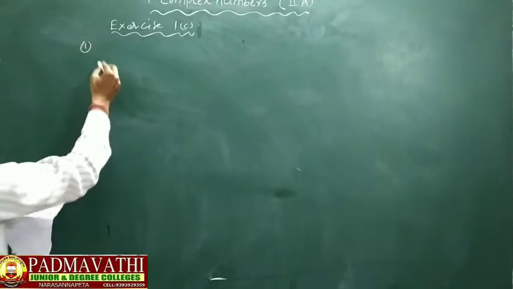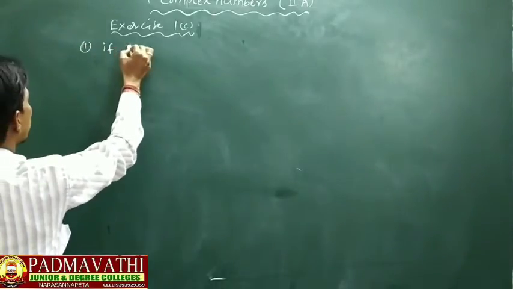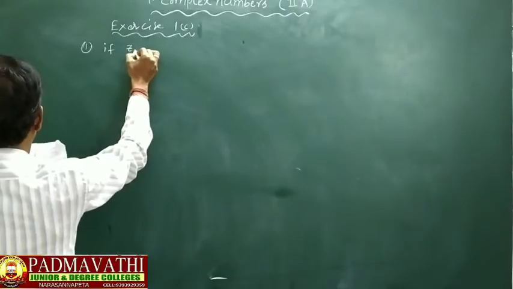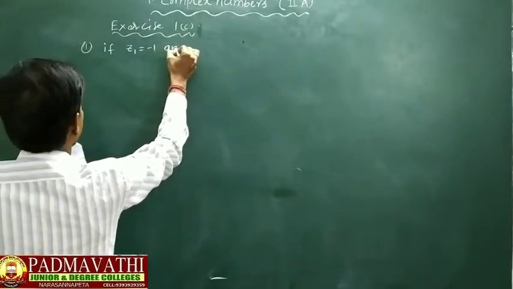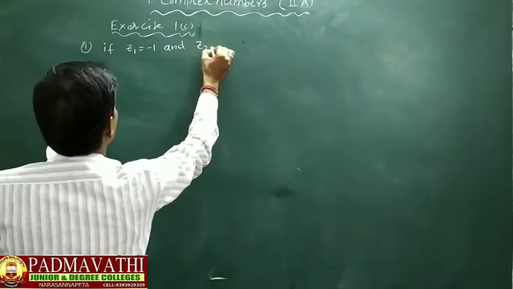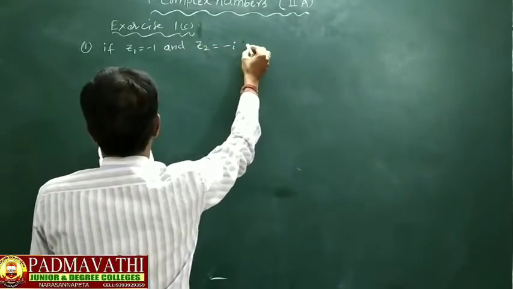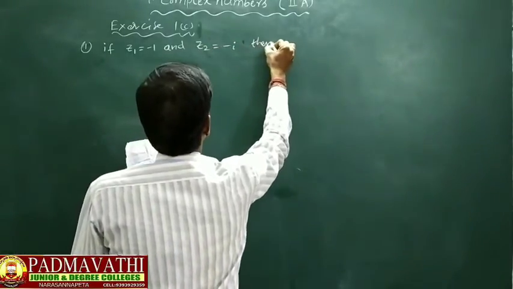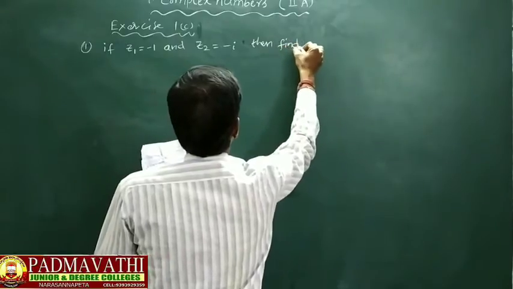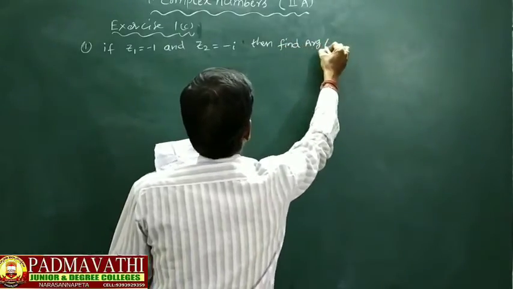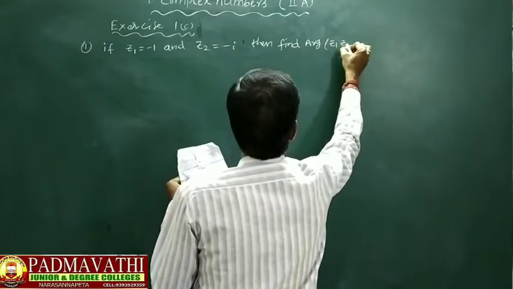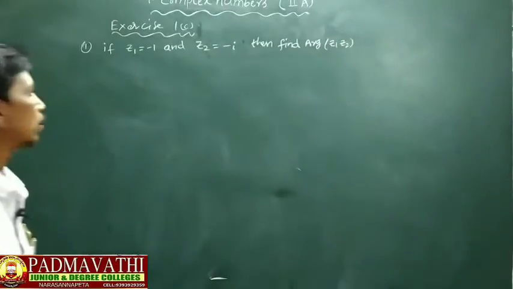Problem 1: if z1 equals minus 1 and z2 equals minus i, then find arg(z1 z2).